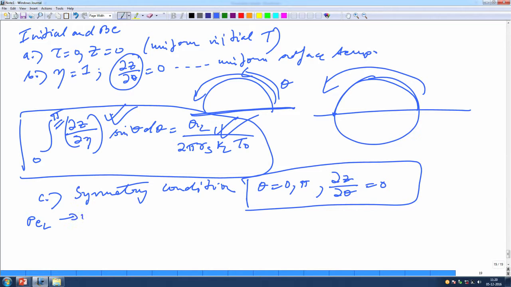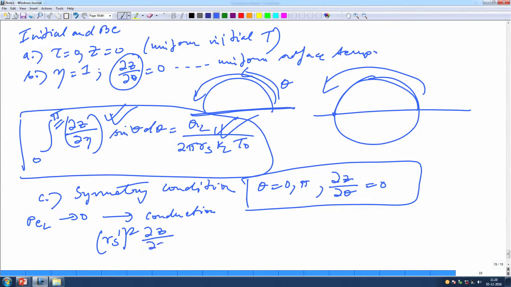number approaches 0, that means the flow velocity within the droplet actually goes to 0. This reduces to a conduction problem, approaches a conduction problem. And so, the equation basically gets changed.